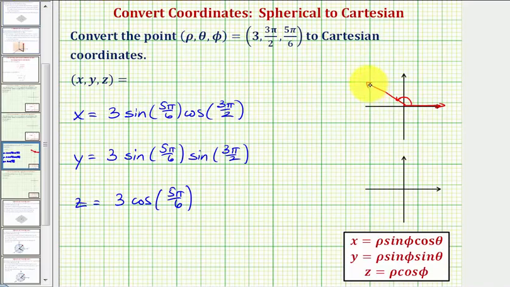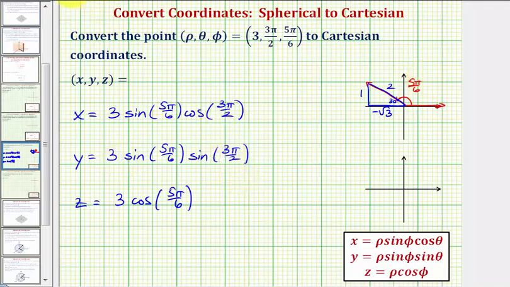So this would be the reference triangle, with again a reference angle of 30 degrees, or π/6 radians. So we can label the three sides 1, 2, square root 3, where the short leg is 1, the hypotenuse is 2, and the long leg is square root 3. But because we're in the second quadrant, where x is negative, this would be negative square root 3. Again, this is the reference triangle for 5π/6 radians.